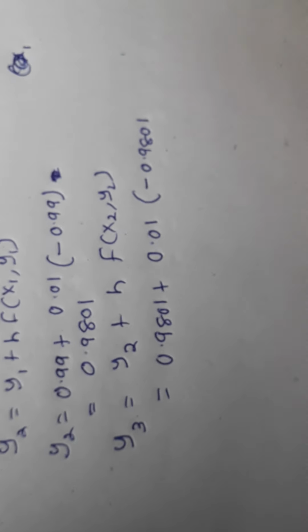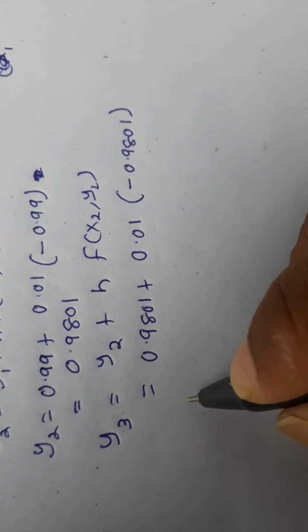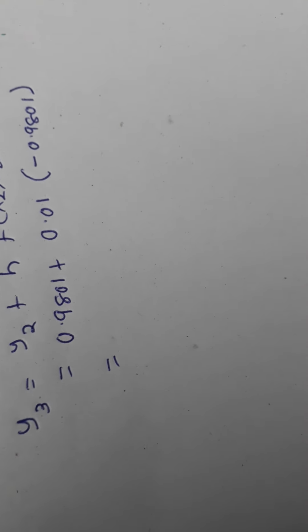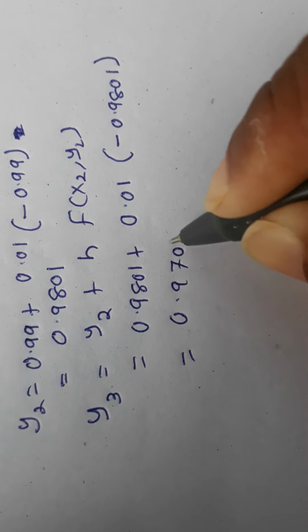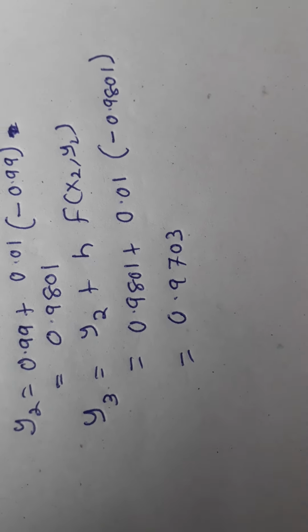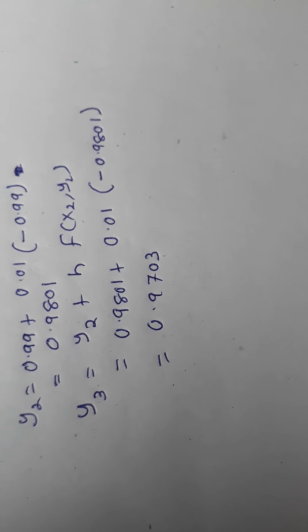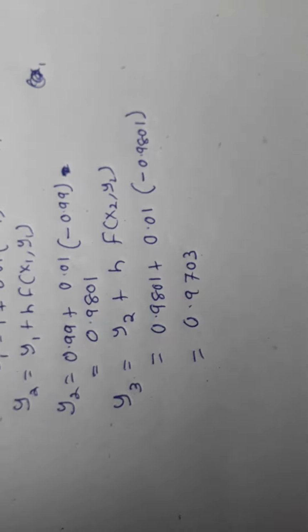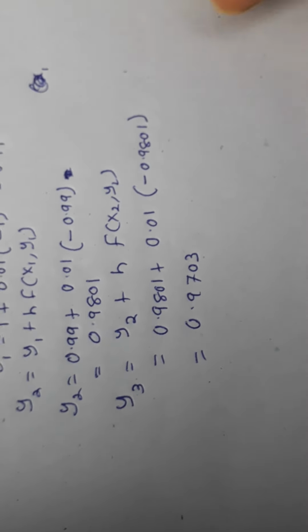So its answer will be 0.9703. In this way, we can solve y4, y5 and so on. This is the Euler formula to solve the differential equation. Okay, let us discuss another problem.